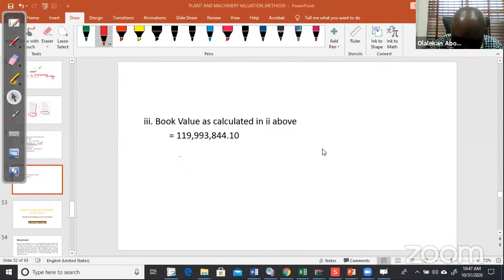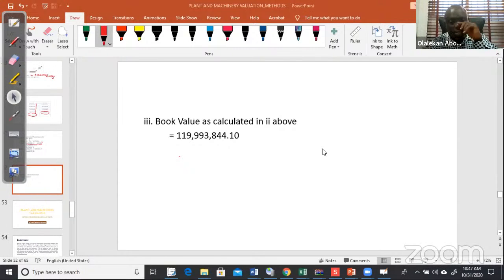Then, when scrap value is not given, maybe your question is, where do you use straight line method to calculate rates in reducing balance? If that is your question, yes, where you do not have scrap value, you are left with no option other than to use straight line method.